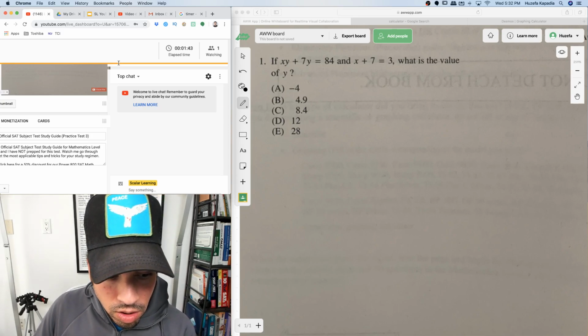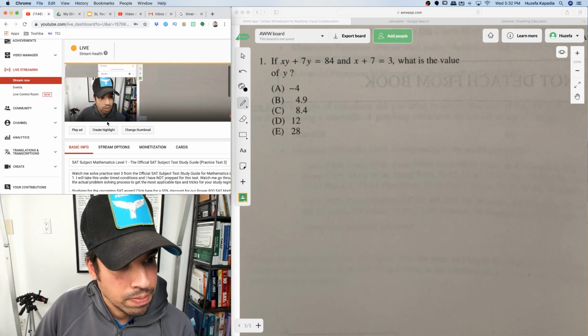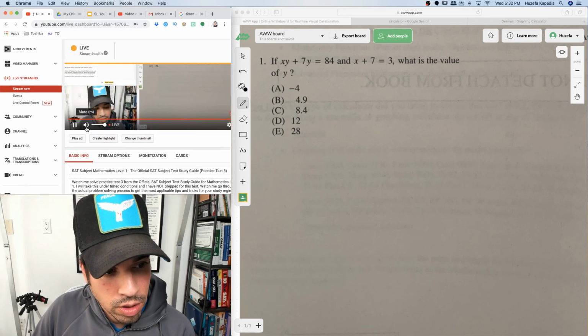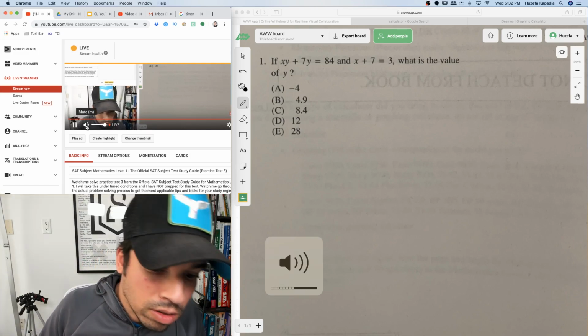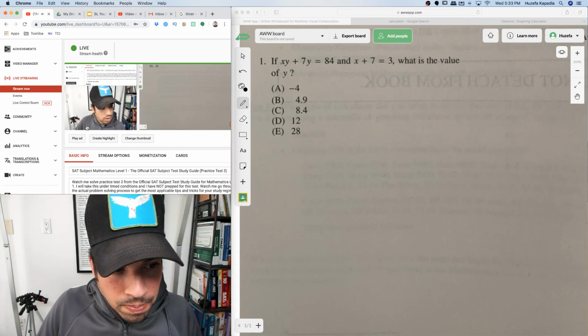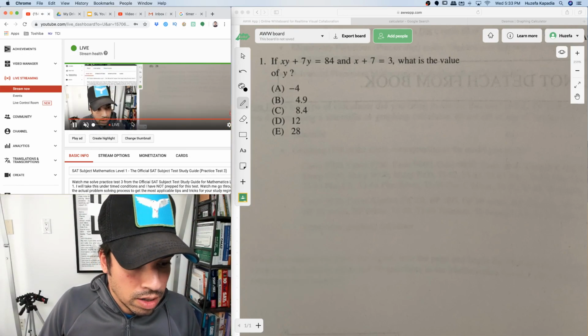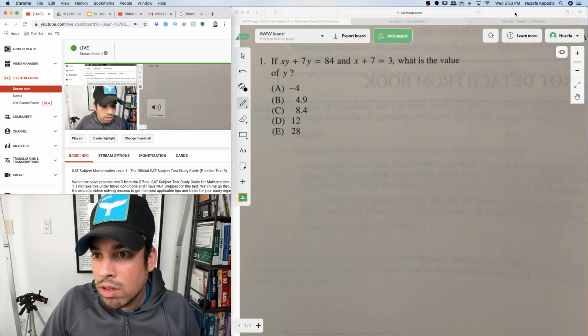Whoa, what's going on? My audio is going crazy. Hold on, let me make sure my audio is looking good. It's looking good, but why is it so loud? Sometimes when I talk, it goes way off the charts.